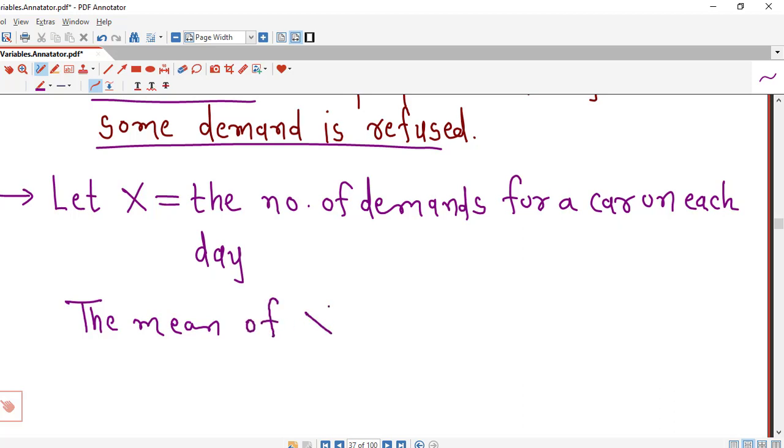So the mean of this Poisson random variable is mu equal to 1.5, that is, the average number of demands for a car on each day is 1.5.